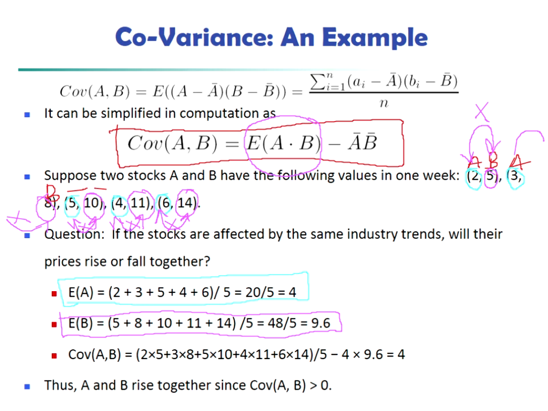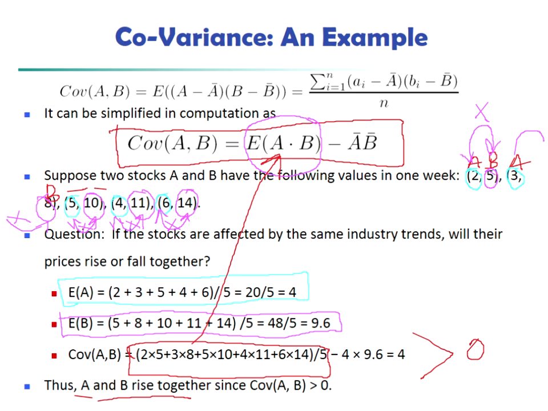So this part represents the mean of A multiplied by B minus the mean of A multiplied by the mean of B. So the covariance of A and B is more than 0. So for this reason, A and B rise together. Any questions about covariance? It's clear how we can calculate covariance. It's very easy.